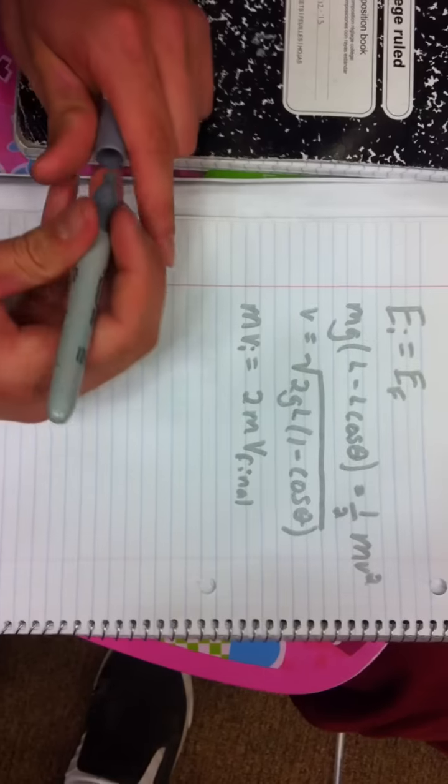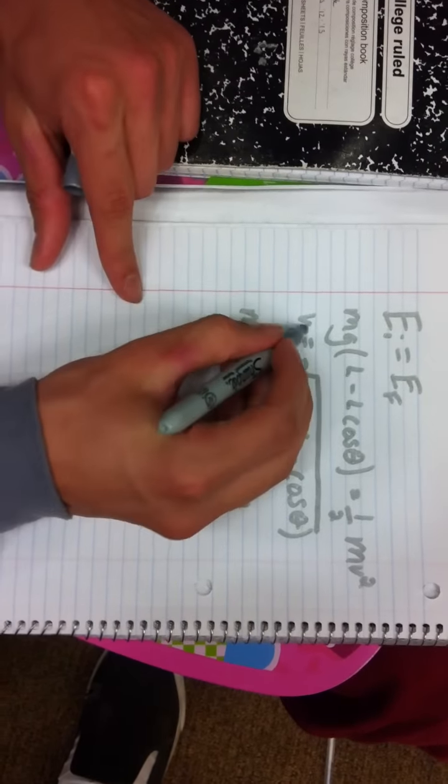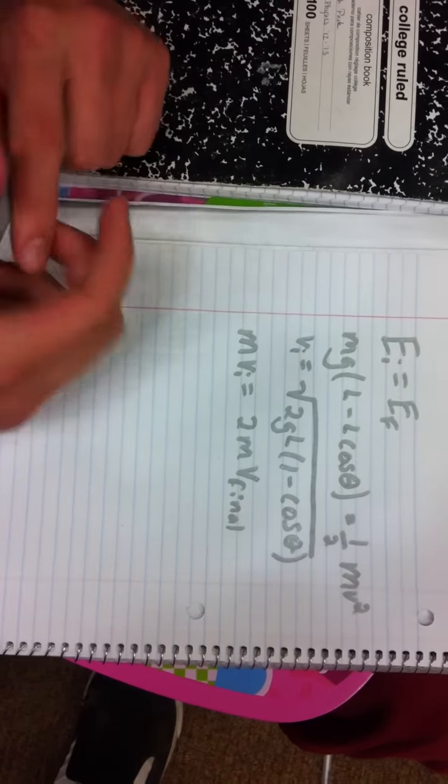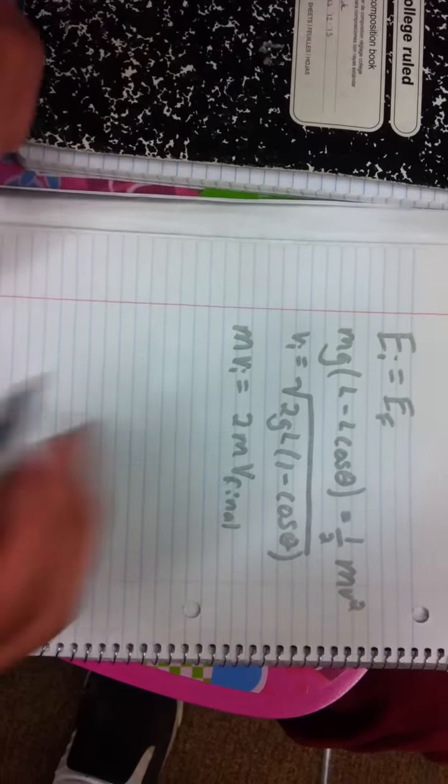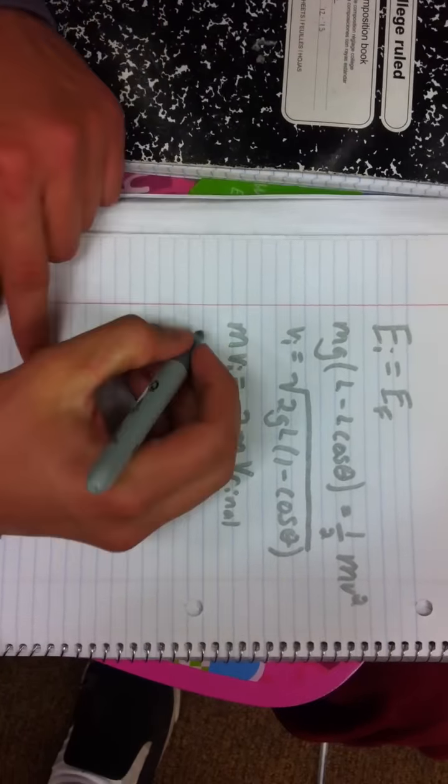And this is the initial, just for further clarification there. So we've got v final equals 1/2 square root of 2gL times 1 minus cosine of theta.